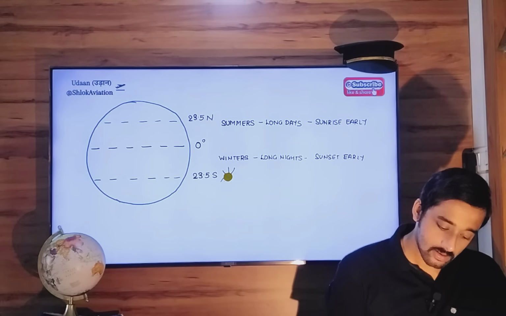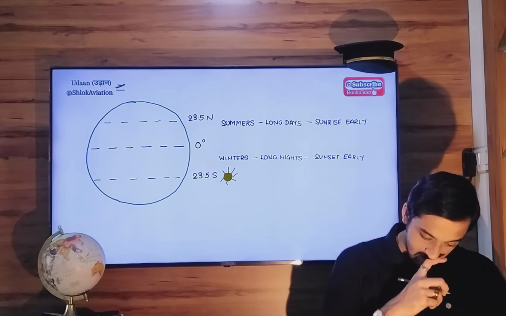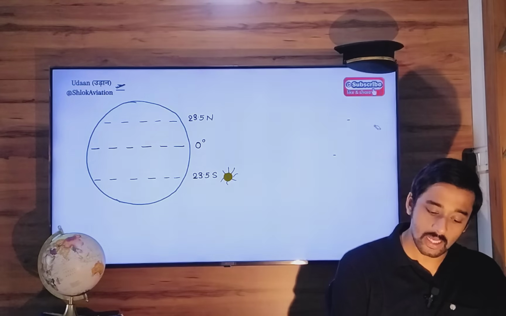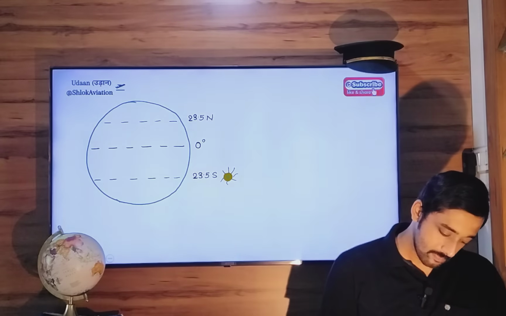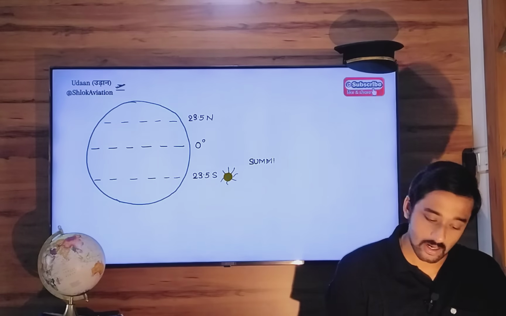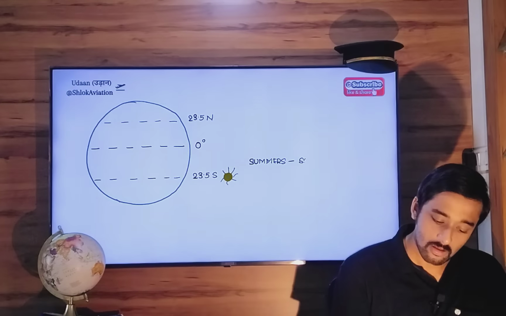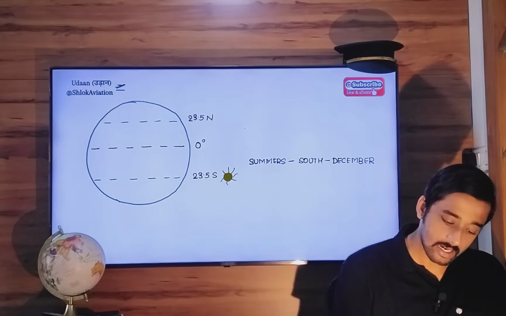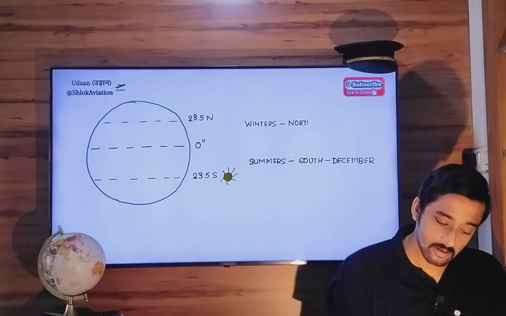That means you will have summers in the southern hemisphere in the month of December, and at the same time you will have winters, December, January, February, in the northern hemisphere.